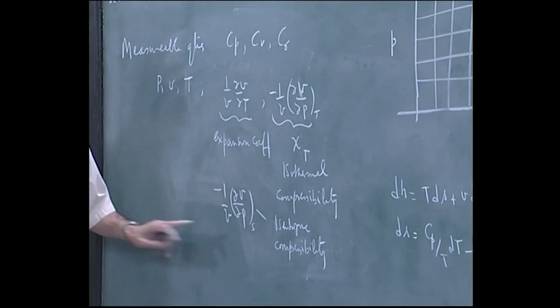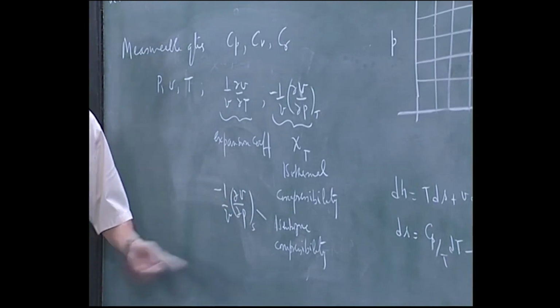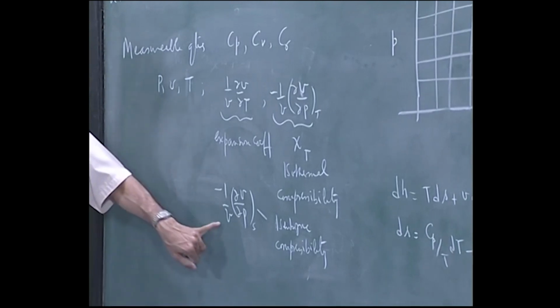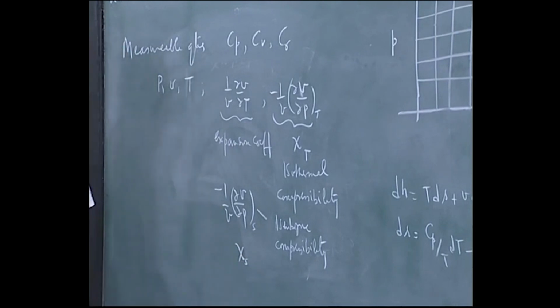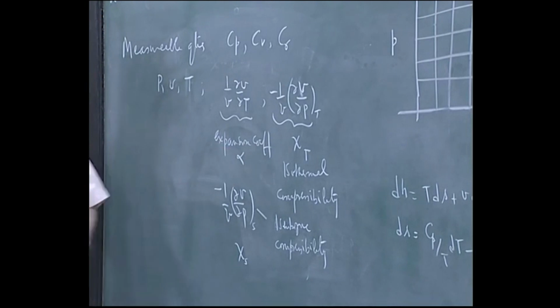This is of experimental importance because I can show you that this is actually directly related to the velocity of sound measurements in a fluid. And velocity of sound is relatively easy to measure compared to most thermodynamic properties. So this is an important property. This is chi sub s. I do not exactly remember what Smith and Van Ness uses. Usually they use alpha for this expansion coefficient, and this is beta or chi. In some books it is chi, in some books something else.